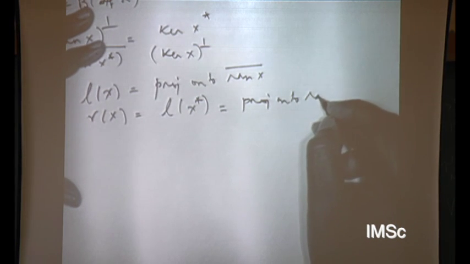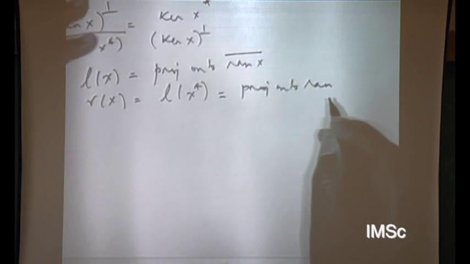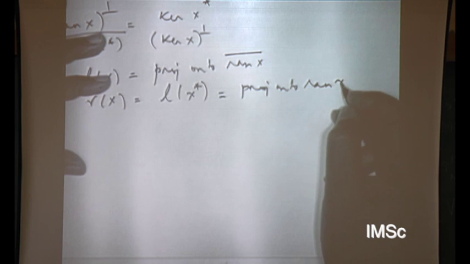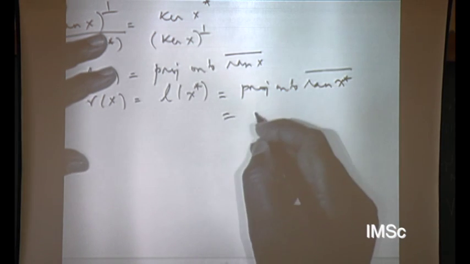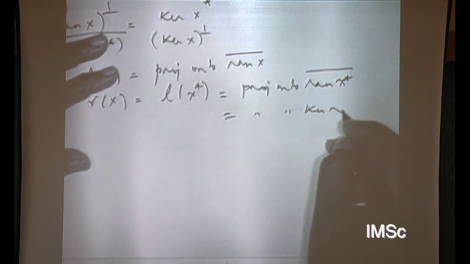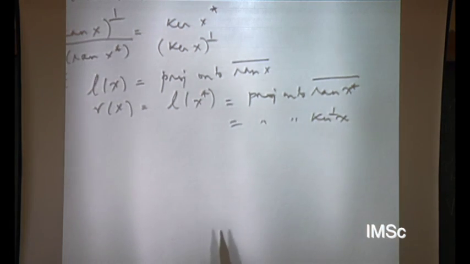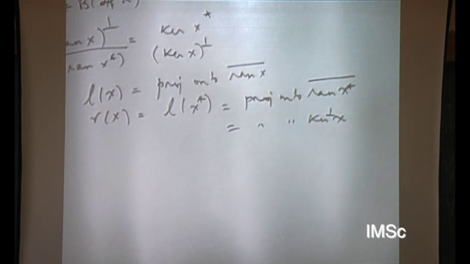Okay. I'll take kernel of X perp as kernel perp of X, so I don't have to write extra brackets.